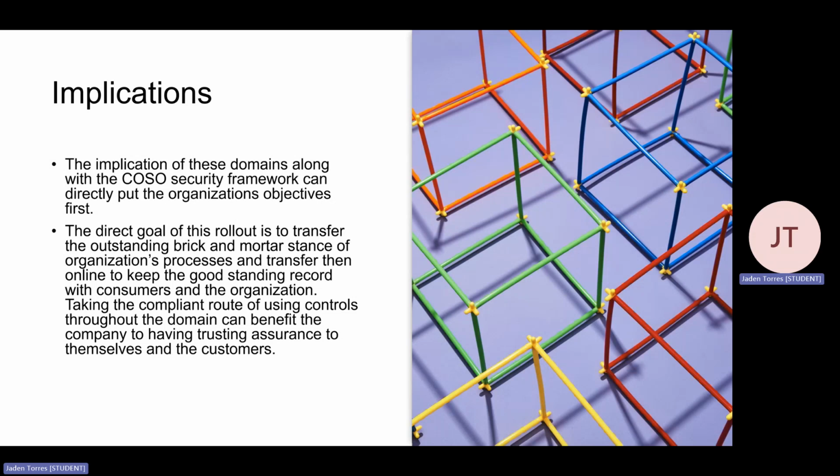The direct goal of this rollout is to transfer the outstanding brick and mortar stance of our organization's process online to keep the good standing record with consumers. Taking the compliant route of using controls throughout the domains can benefit the company by giving trusting assurance to themselves and the customers.